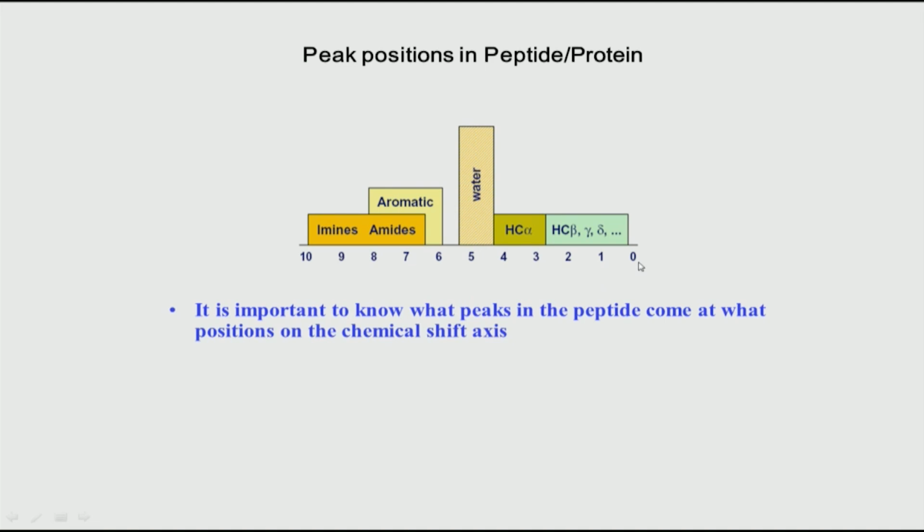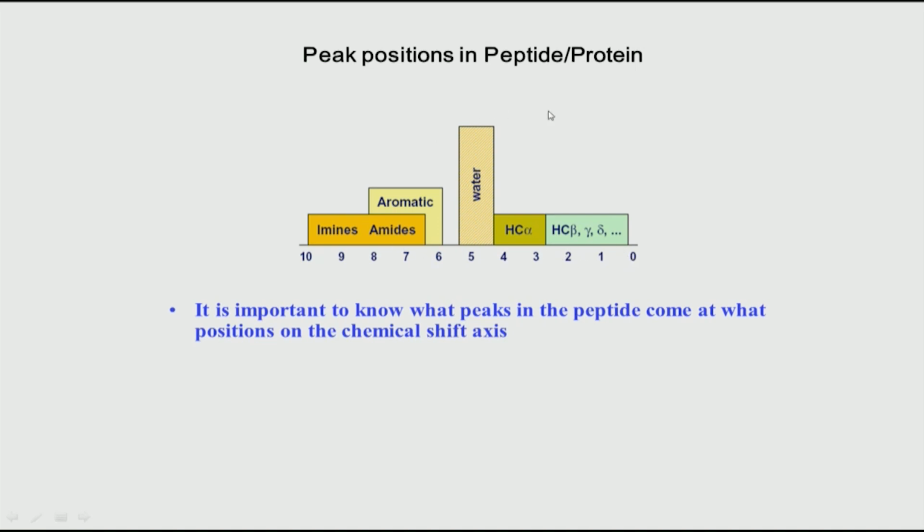Let us start from this end, 0 ppm. Here comes the methyl, and the aliphatic portion, the gamma, beta, delta hydrogen and carbon atoms. So, hydrogen atoms come in this position for every peptide.